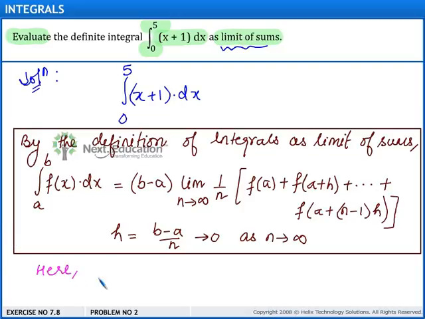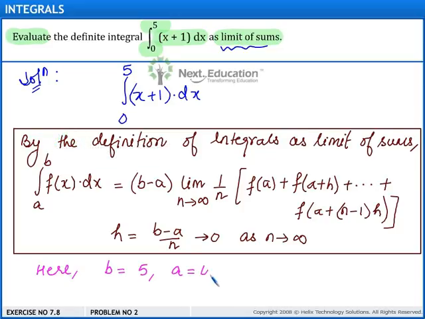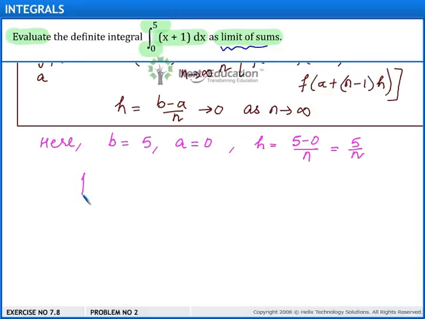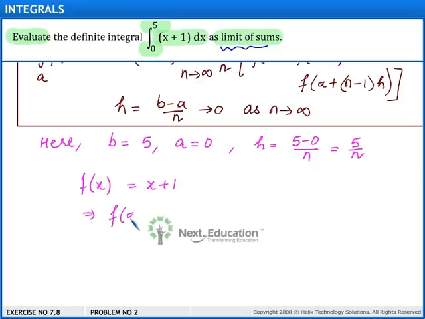Now here b is equal to 5, a is equal to 0, so this implies h is equal to (5 minus 0) upon n, so this is equal to 5 upon n, and the function f(x) is equal to x plus 1. So this implies that f(a) is equal to a plus 1 and a is equal to 0.